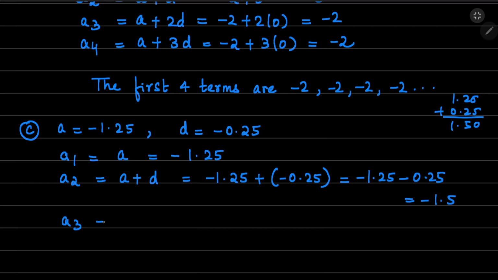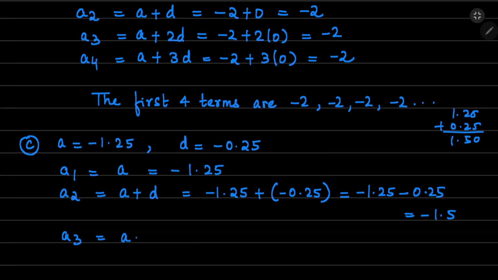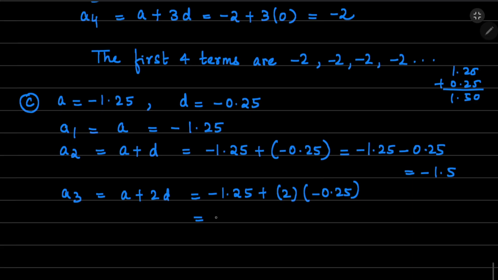What is your third term? A3 is equal to A plus 2D. So what is your A? Minus 1.25 plus 2 into what is your D? Minus 0.25. So this is nothing but minus 1.25 minus, it's 50, right? Minus 0.50. So this is equal to minus 1.75. Similarly, let's calculate the fourth term using the formula.